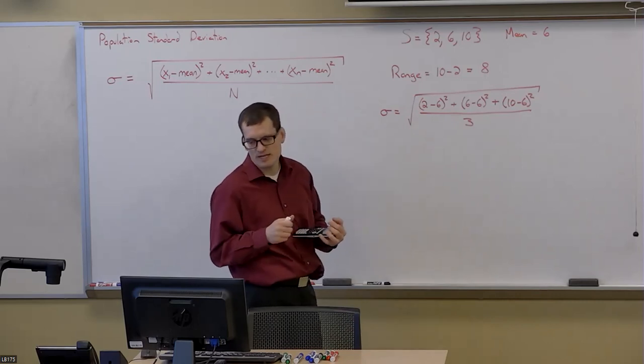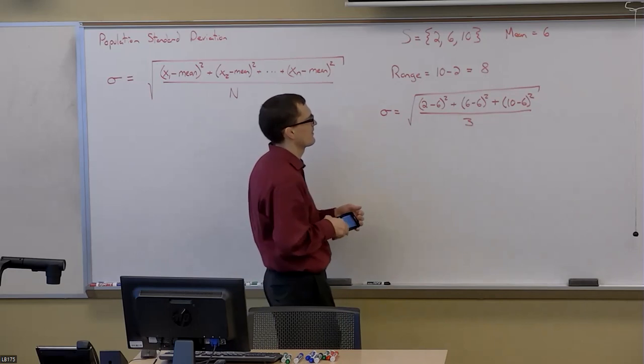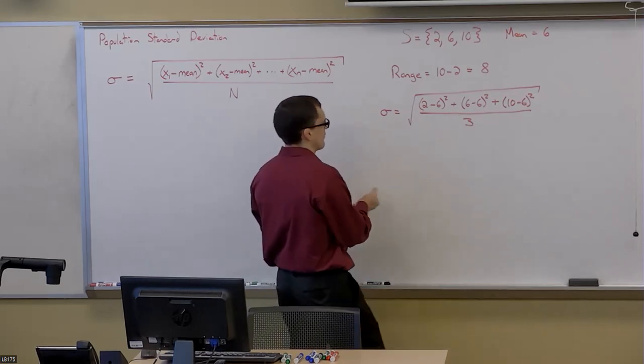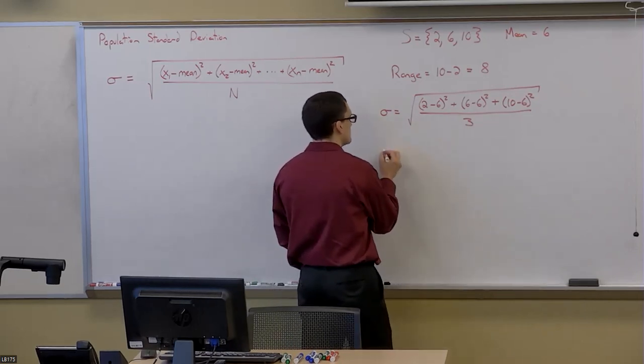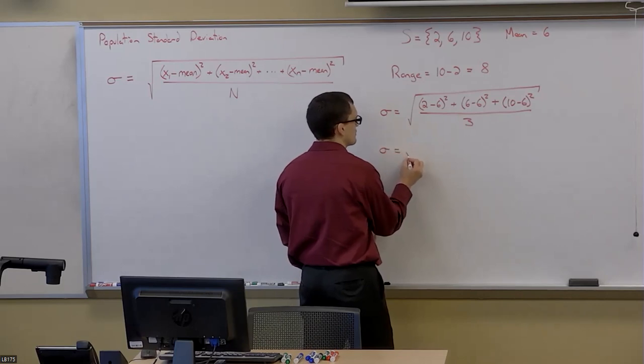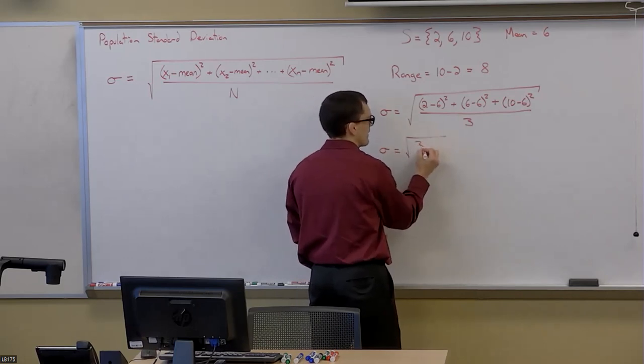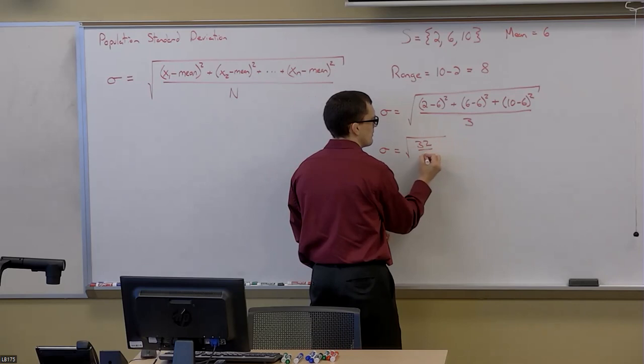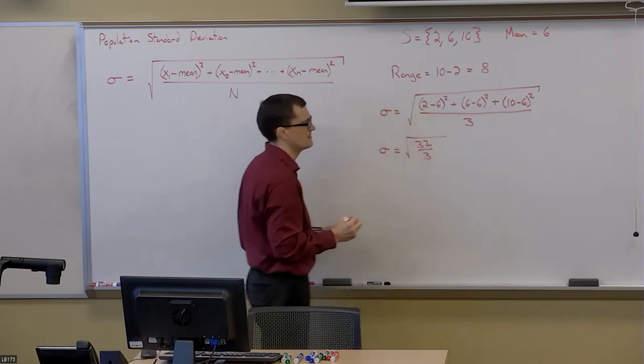In my case, when I did that, I ended up getting 32. So the standard deviation is going to be the square root of 32 over 3.